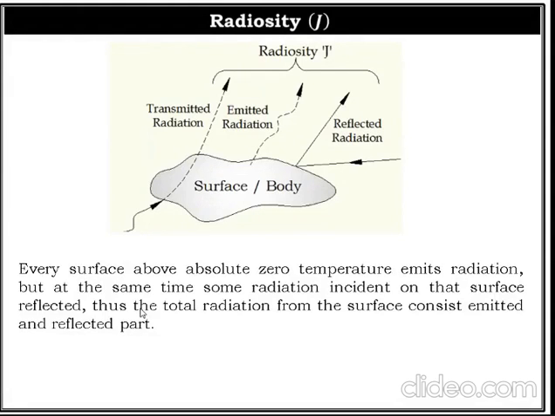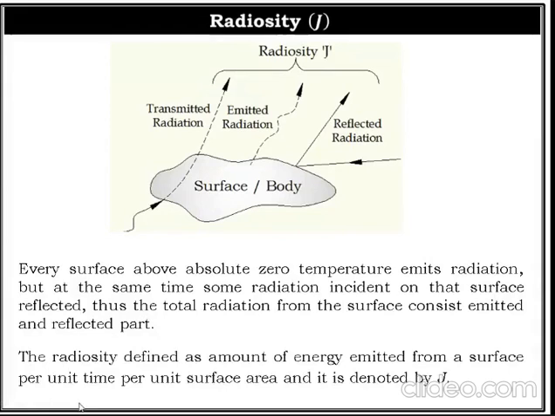So the total radiation that is emitted as well as the reflected part is considered as radiosity. Radiosity is defined as the amount of energy leaving a surface per unit time per unit surface area, and it is denoted by capital J. So capital G is for receiving radiation, capital J is for emitting radiation.